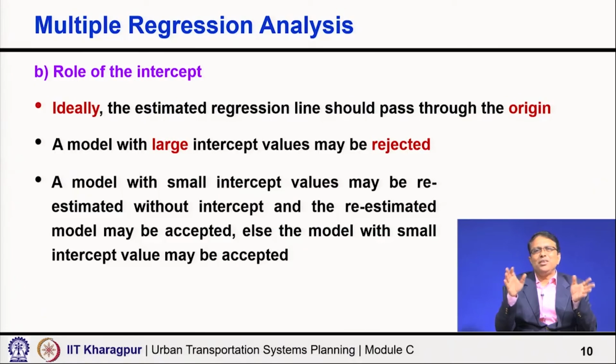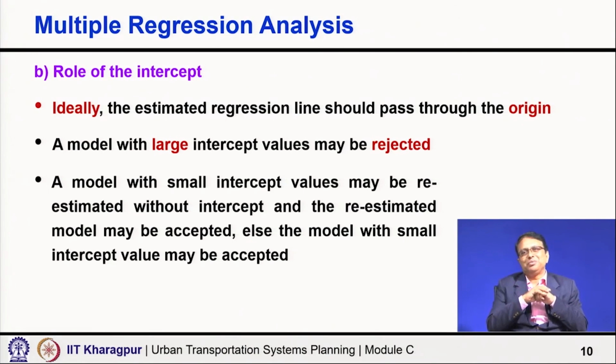But all variables are still significant and all signs are still logical. If that is so, then use that model, even though you have a marginally lower R square. Use the model without any intercept.